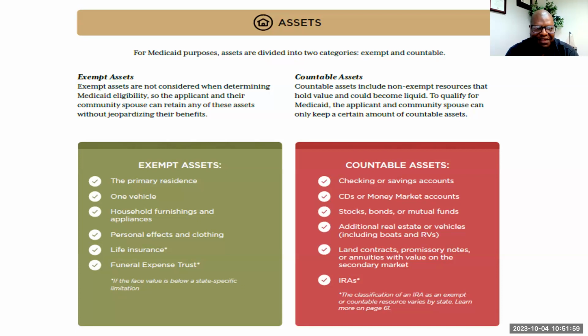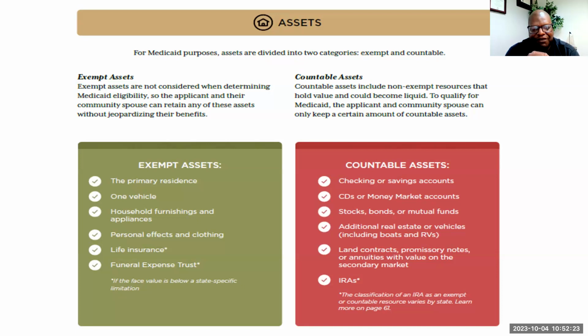Household furnishings and appliances, they usually don't worry about your personal items and effects and things around the house. They will if it's something that can be potentially sold and you have some expensive collection or some valuable rugs or something like that. Life insurance, funeral expense trust, they usually have some exemption, but it's usually a dollar amount.